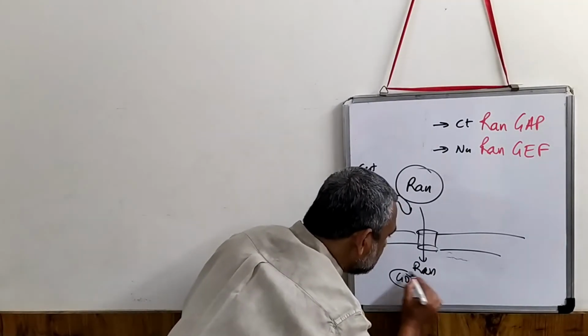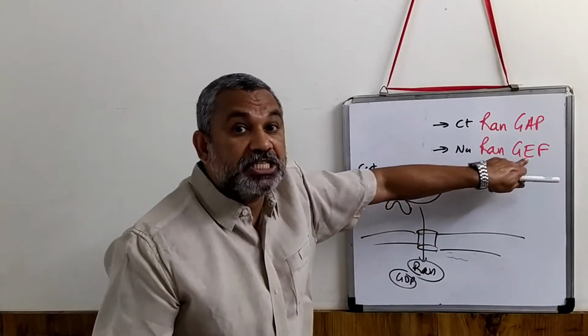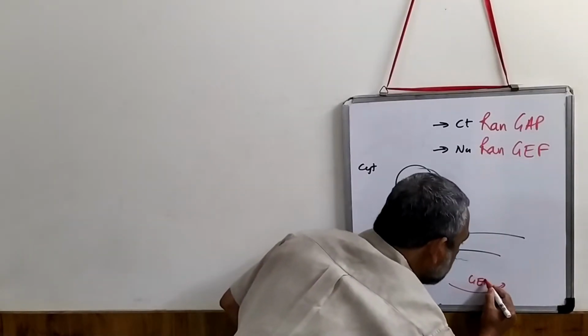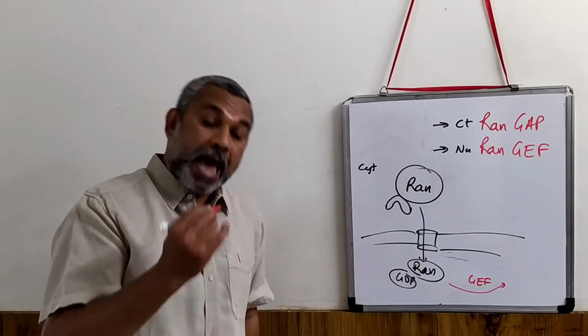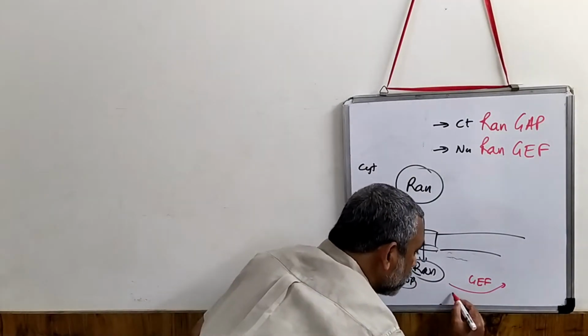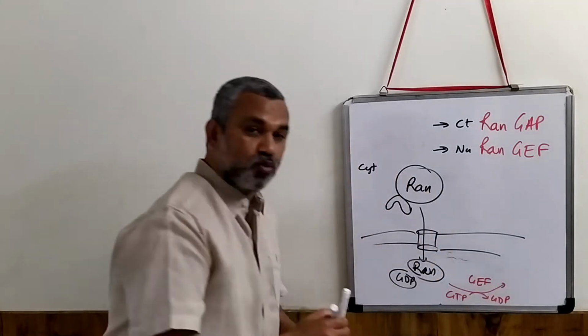Ran-GDP is here. As we have seen, Ran-GEF will act on it and replace this GDP with a GTP molecule. So GTP is added and the GDP is removed.